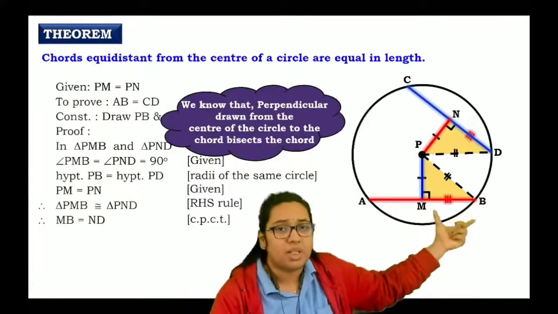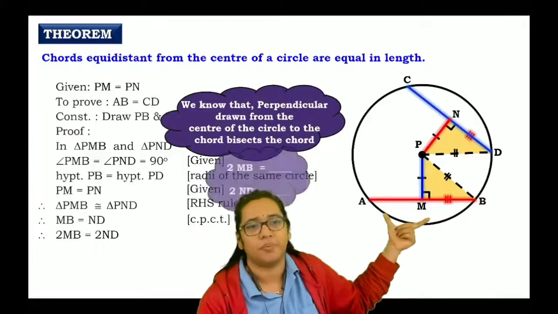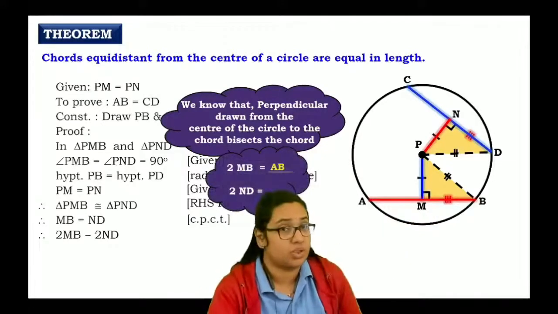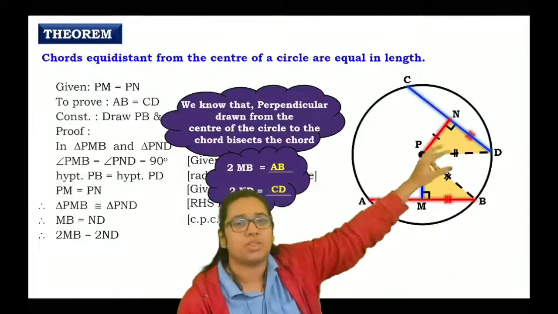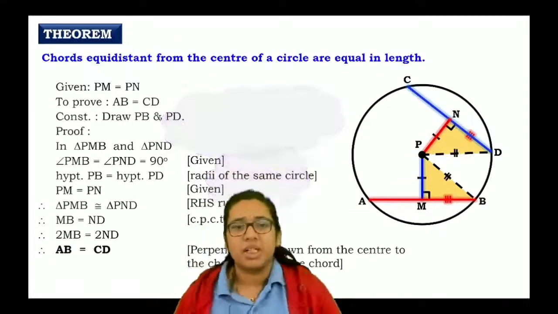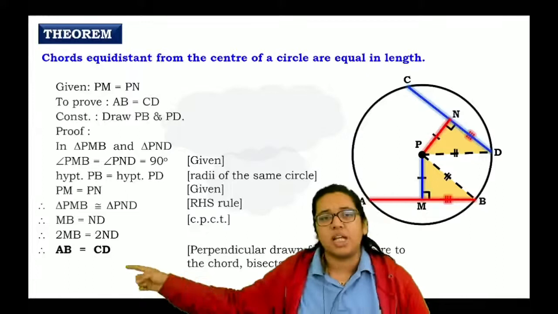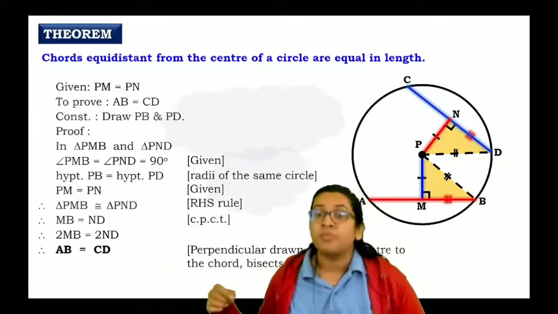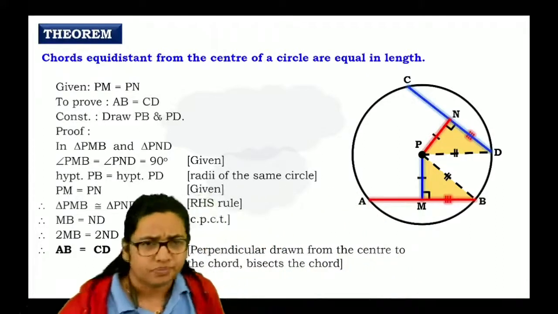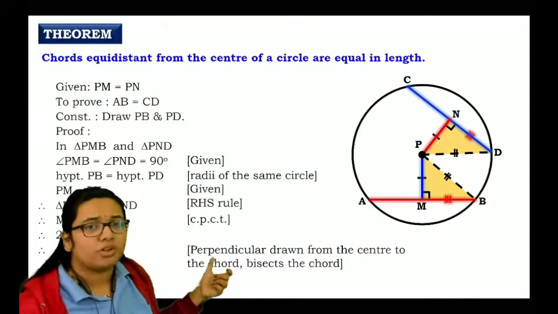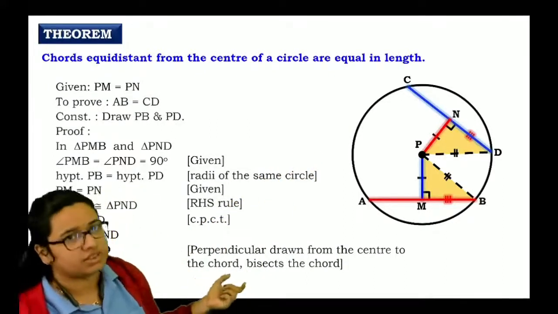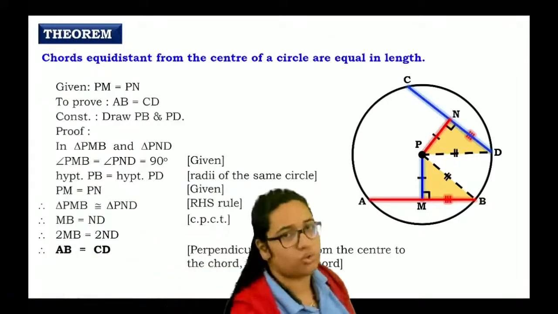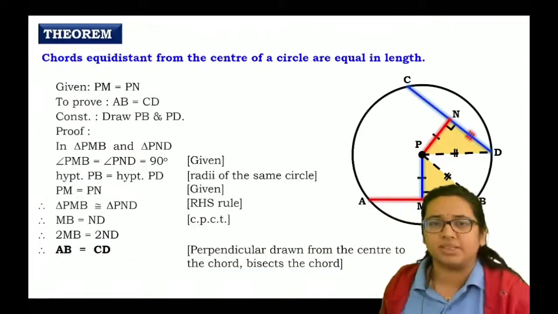But twice MB is nothing but AB, as well as twice ND is nothing but CD. Hence, we have proved AB equals CD using the case that the perpendicular drawn from the center to the chord bisects the chord.